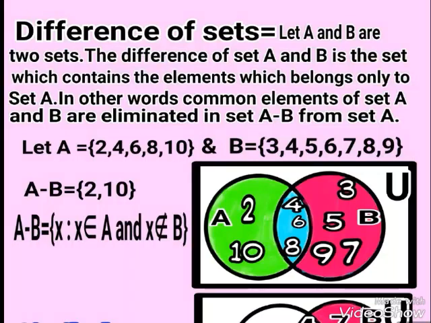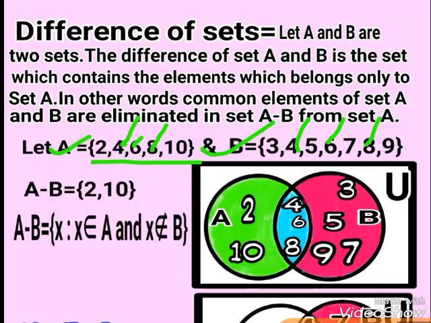Let we have two sets A and B like this. So we have to calculate A minus B. Then subtract the common elements of A and B from the set A. We have the common elements 4, 6 and 8.